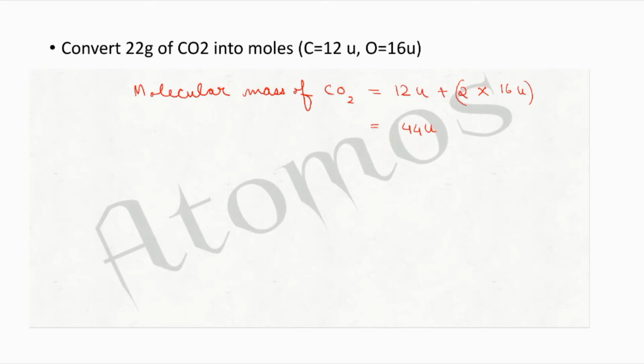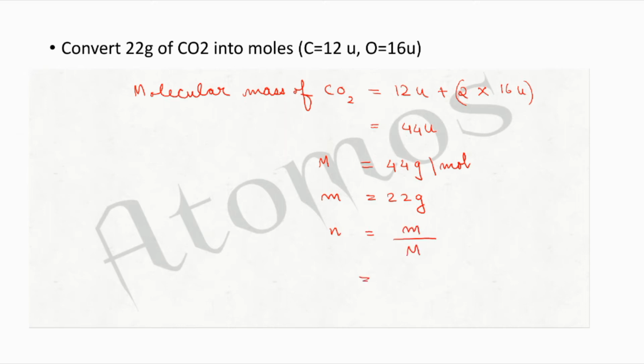If so, can you tell me what will be the molar mass of carbon dioxide? That will be equal to 44 gram per mole. Mass of 1 mole of carbon dioxide. Got it? And we have taken 22 gram of carbon dioxide, so the given mass will be equal to 22 gram. So calculate the number of moles. Number of moles is equal to given mass divided by molar mass.